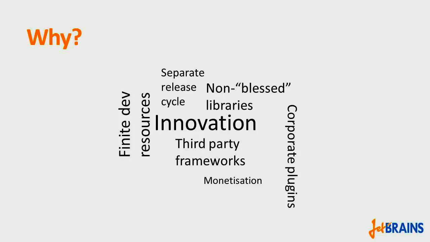First of all, you can look at the fact that the ReSharper team has finite resources. While they work wonders and build some fantastic stuff, there is only a limited time they have available, and there is a limited size to the team. So there are always going to be gaps in the product which an extension can fill. We've got other reasons, such as going on a separate release cycle.